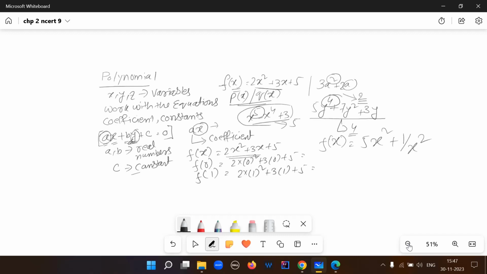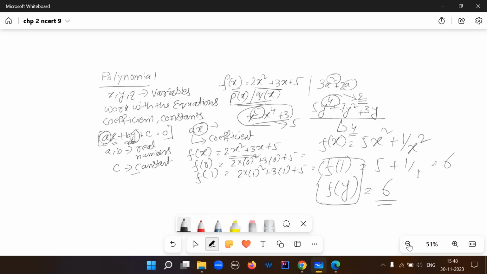So if x equals 1, then 5 plus 1 by 1, which is 6. You have to prove that these two functions for the same equation are the same. That proof will come in the exam.